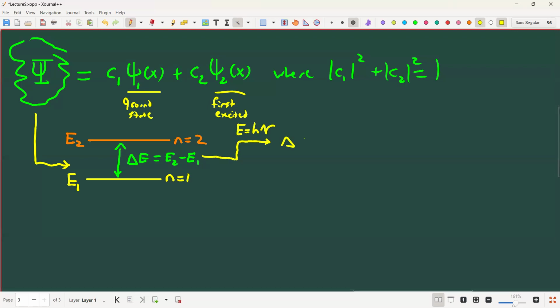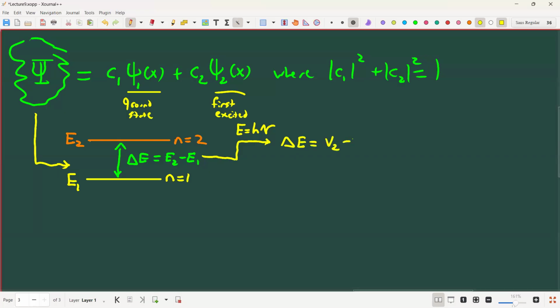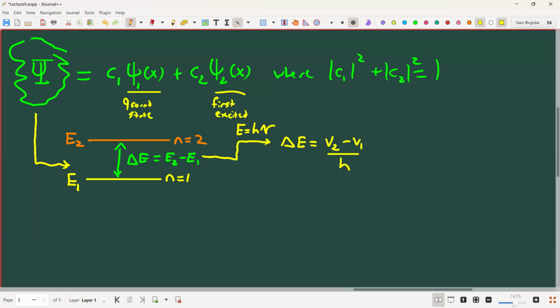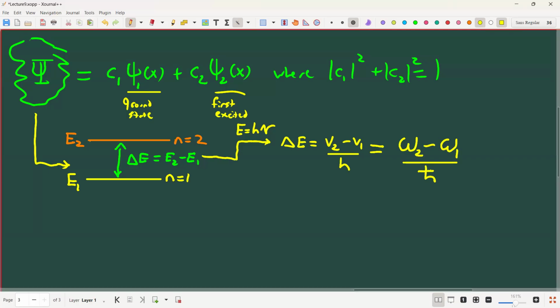So this means that delta E is nu 2 minus nu 1 times h, or the frequency difference of the two divided by h bar if we write this in terms of angular frequencies, omega 2 minus omega 1.